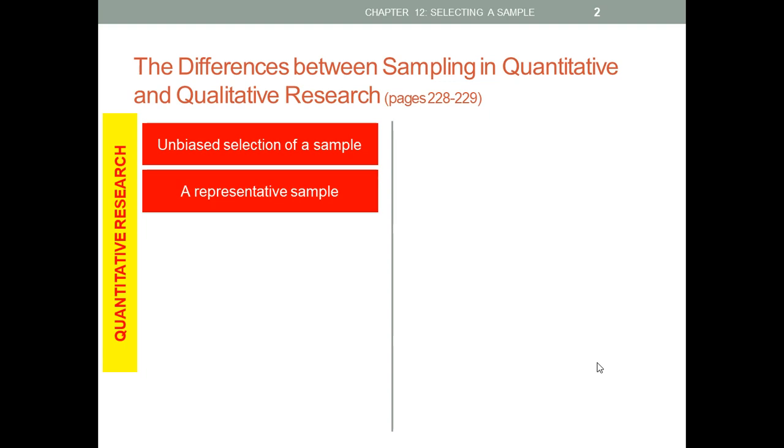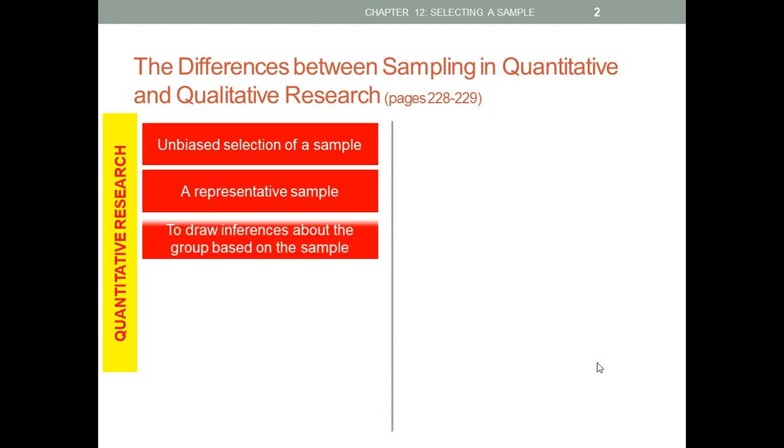She will collect the data from the 200 students, but in her final reporting, she is going to generalize the results that come from the 200 students to the entire population. In this instance, the entire population is 2,000 students. This is the second consideration in sampling in quantitative research.